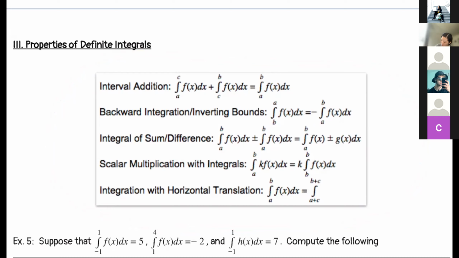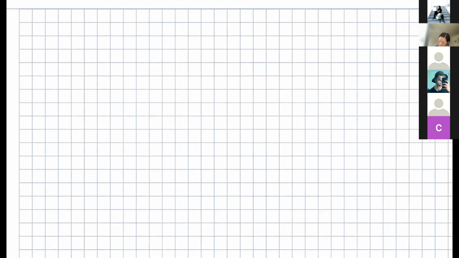So let me grab this particular rule, and we're going to draw a picture that goes with said rule, so that we can think about what this rule means rather than just memorizing that rule.